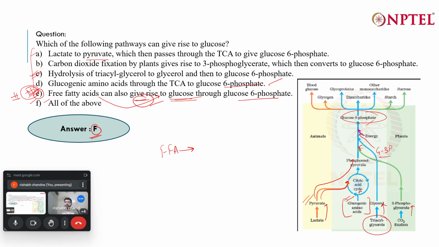Okay, so in one of the pathways, what happens? The free fatty acids that we are talking about, by beta oxidation, they can actually yield acetyl coenzyme A. So this acetyl coenzyme A can actually be involved in the citric acid cycle and can give rise to glucose. Okay, so yes, this can also be the case where free fatty acids can actually be involved in the production of glucose. Okay, so hence all of the options are correct.